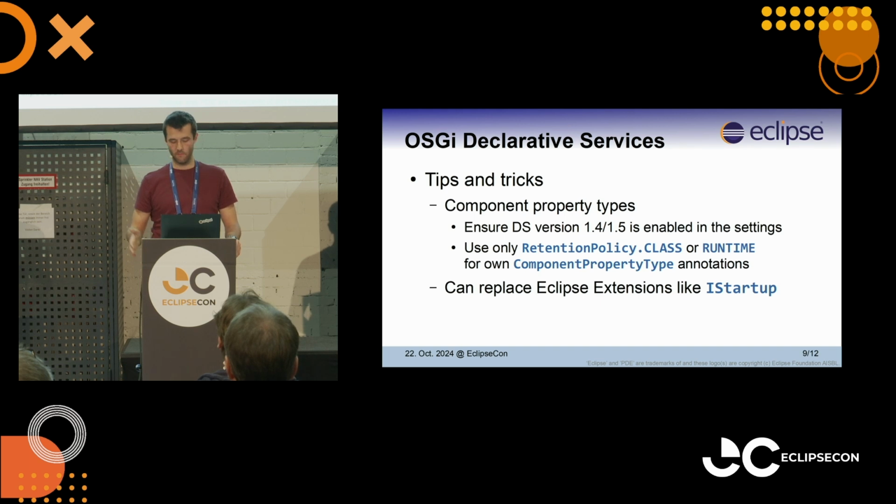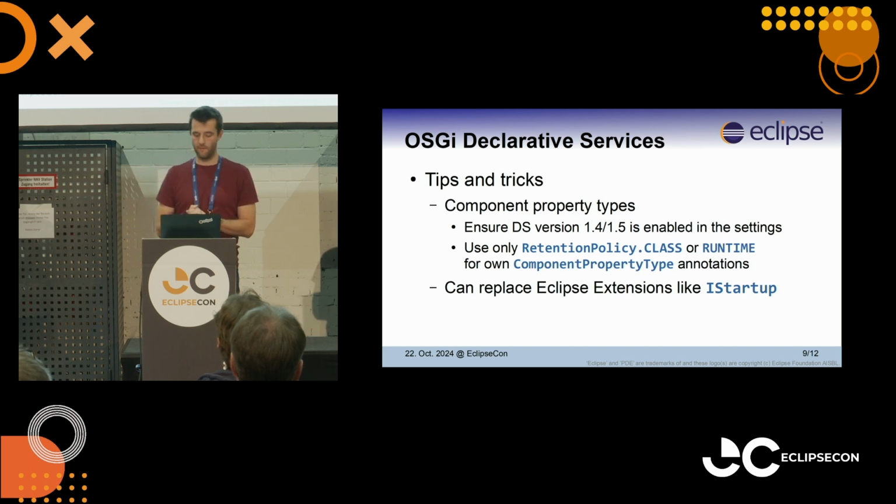And you can also replace things like Eclipse extensions, like the IStartup extension, in a way more flexible manner, since you can also react to different events, not only to startup.